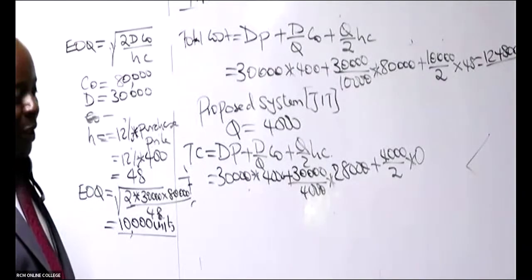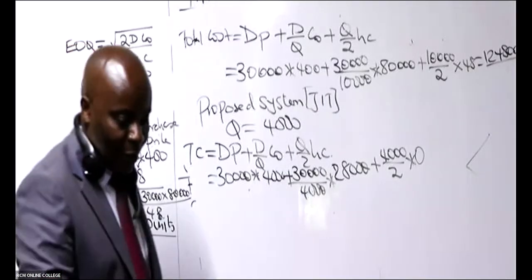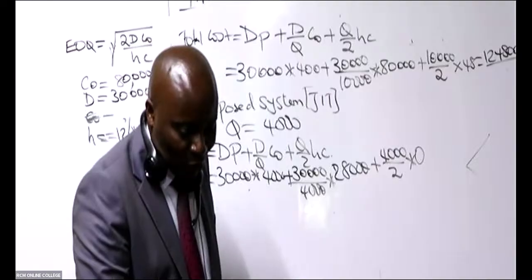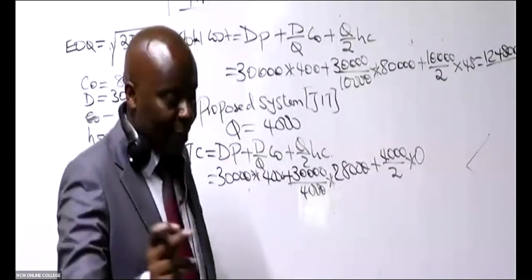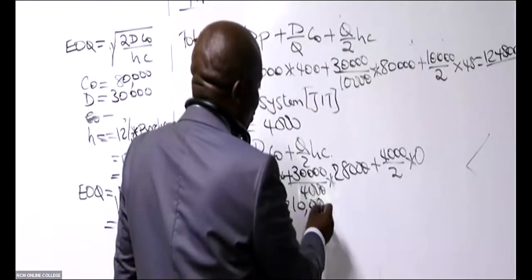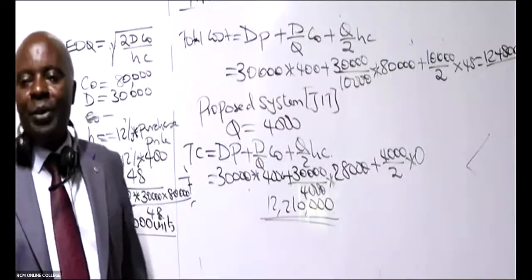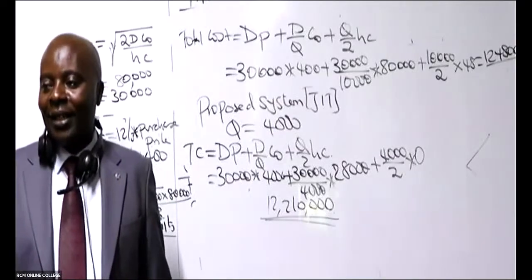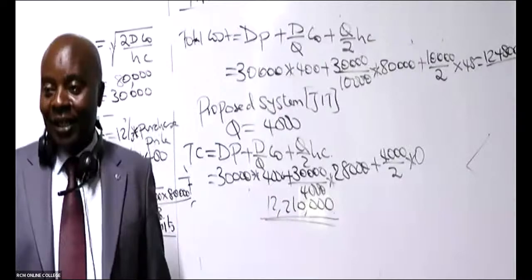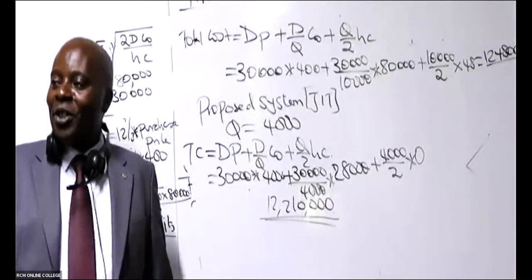So how much are we able to get, ladies and gentlemen? Now it is 12, 210,000. So now between the two expenses, which model will you recommend on the objective of cost minimization? Do you recommend the proposed or do we stay with the current? The proposed is cheaper.